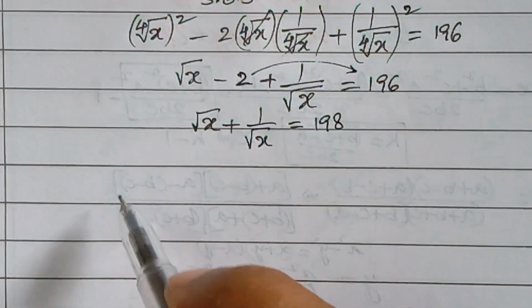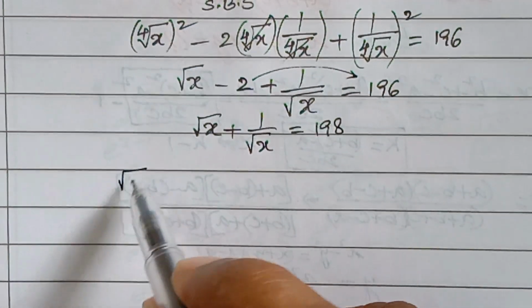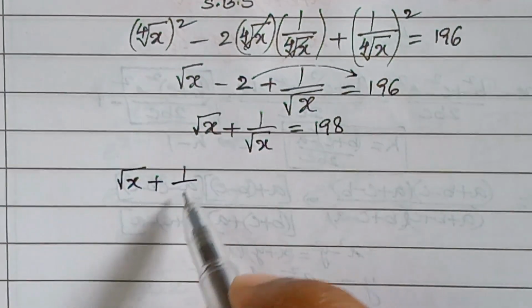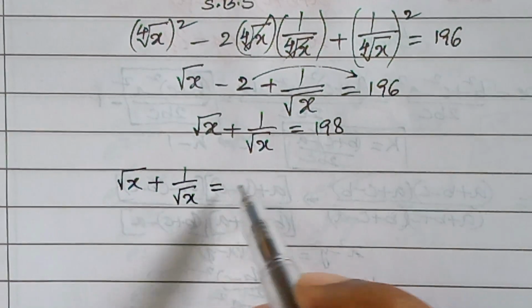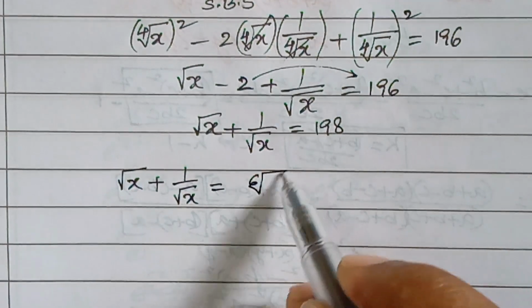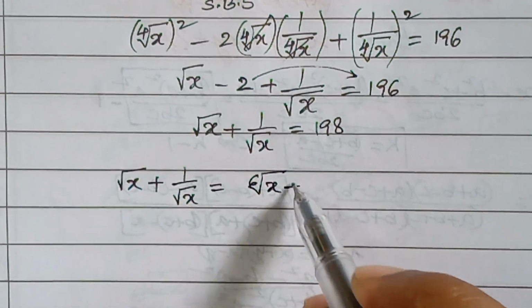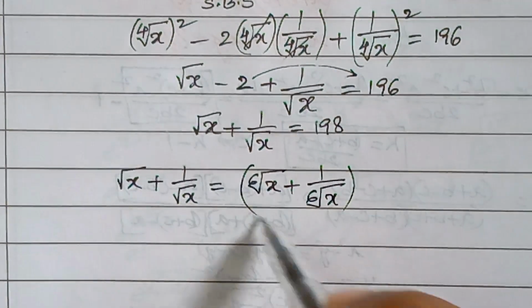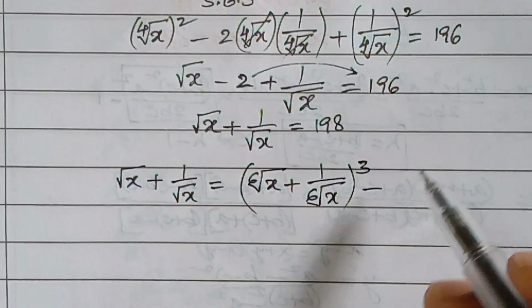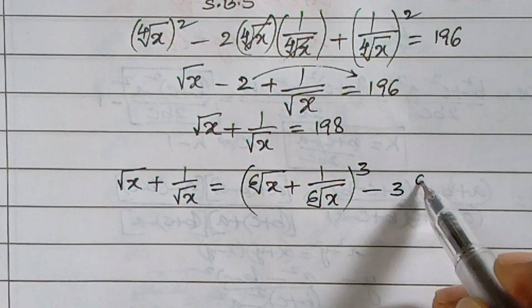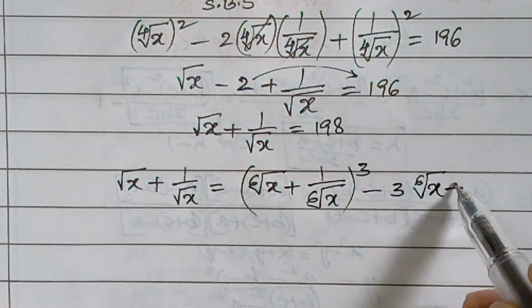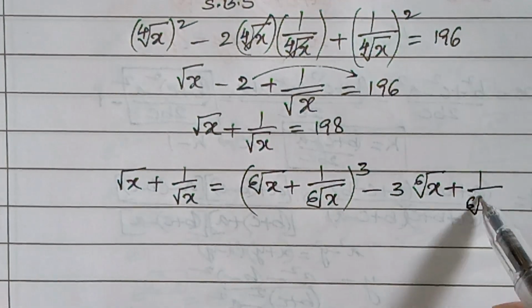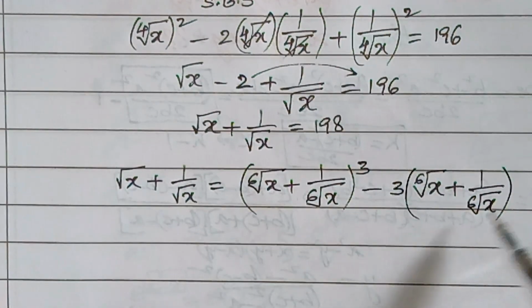Now this is the logic step. Root x plus 1 by root x will be equal to sixth root of x plus 1 by sixth root of x, whole cube, minus 3 into sixth root of x plus 1 by sixth root of x.